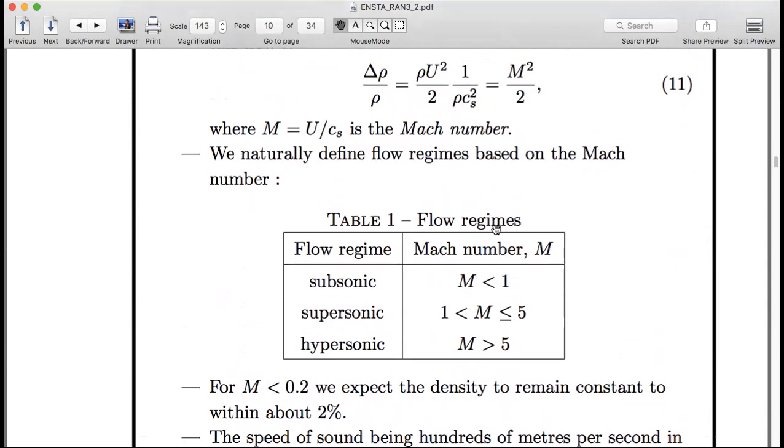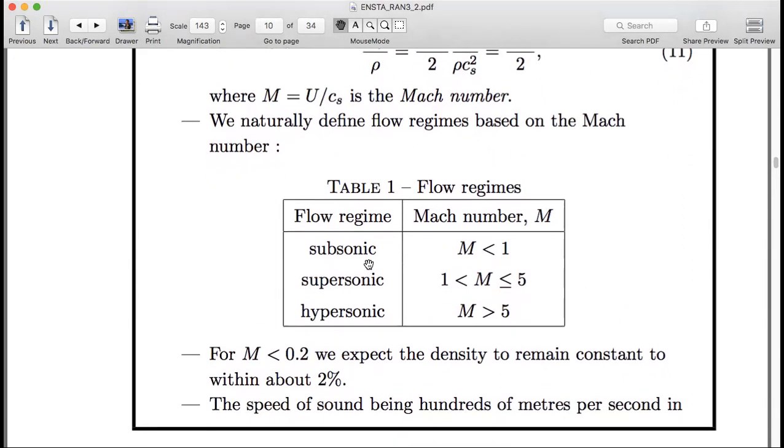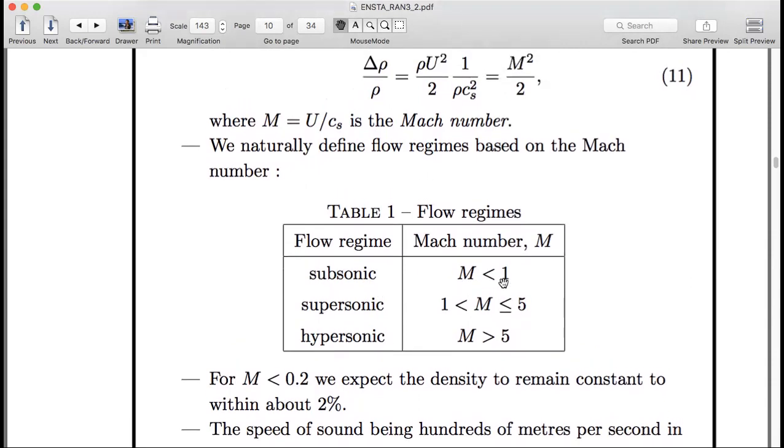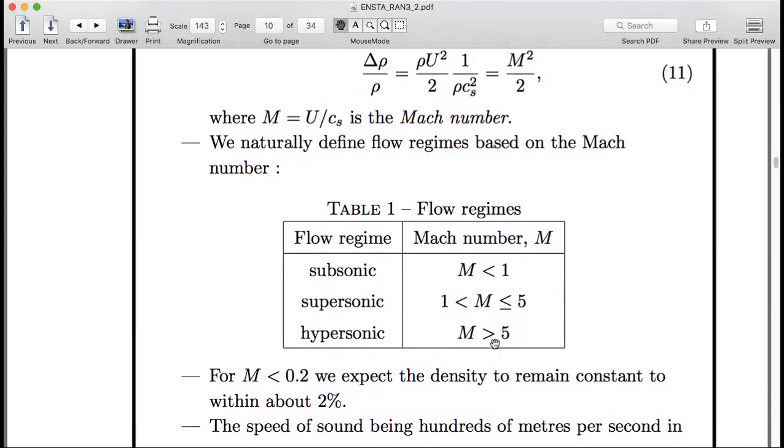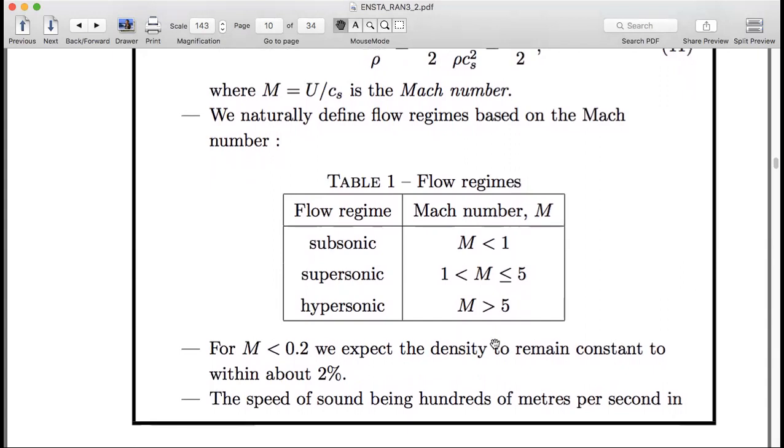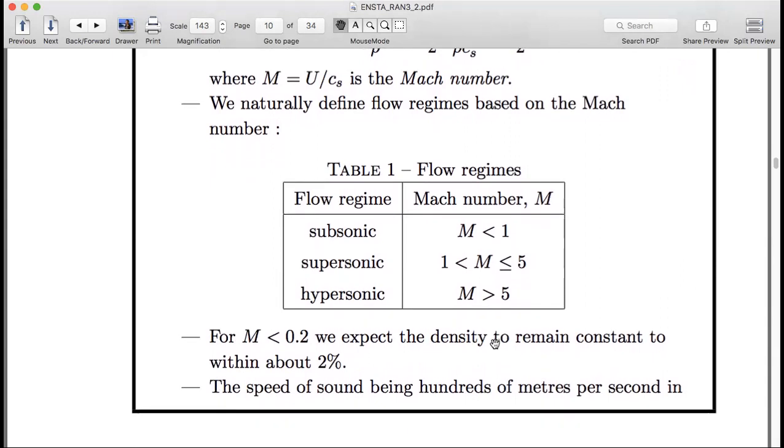So it's convenient to describe flows in terms of their velocity scales relative to the speed of sound. Subsonic flows have speed less than the speed of sound, supersonic are between Mach 1 and Mach 5, and hypersonic is greater than Mach 5.